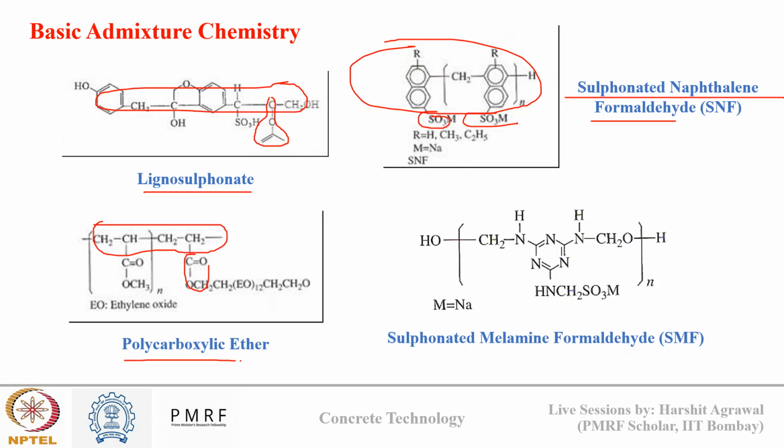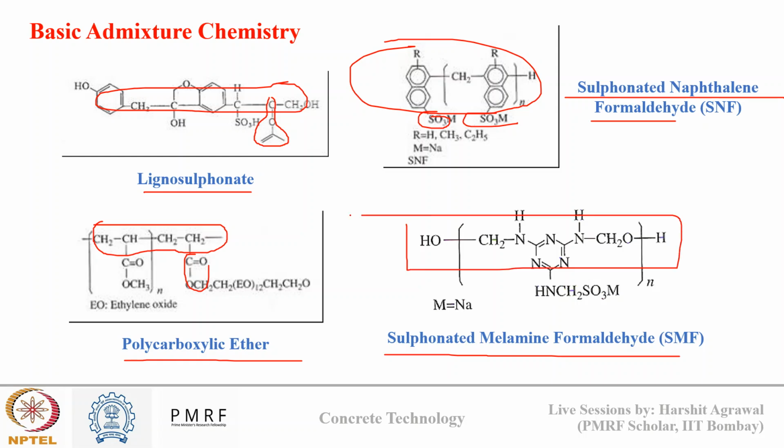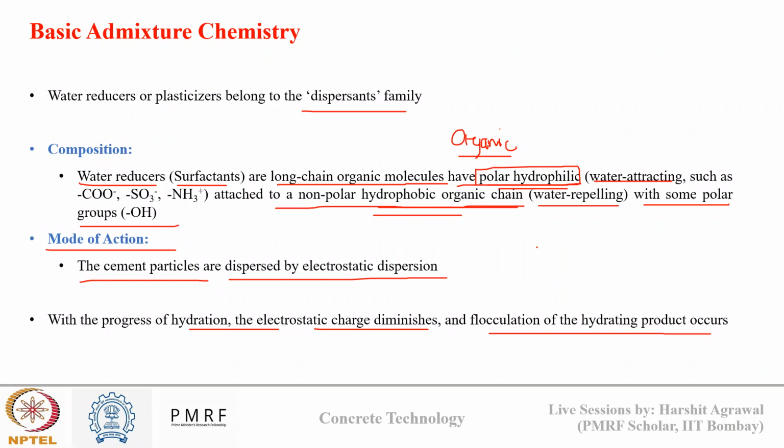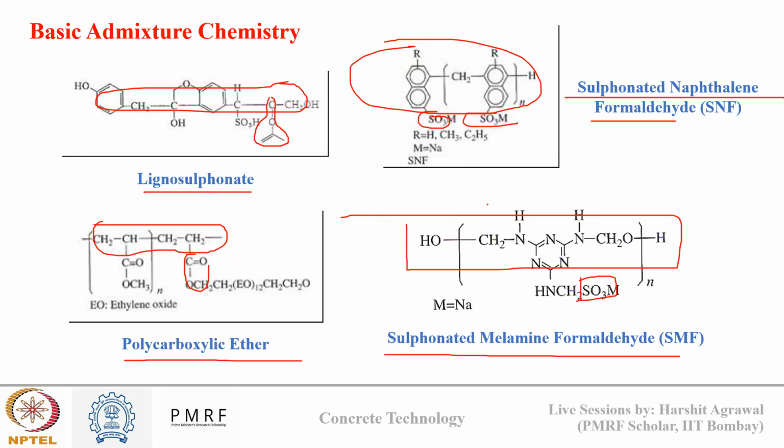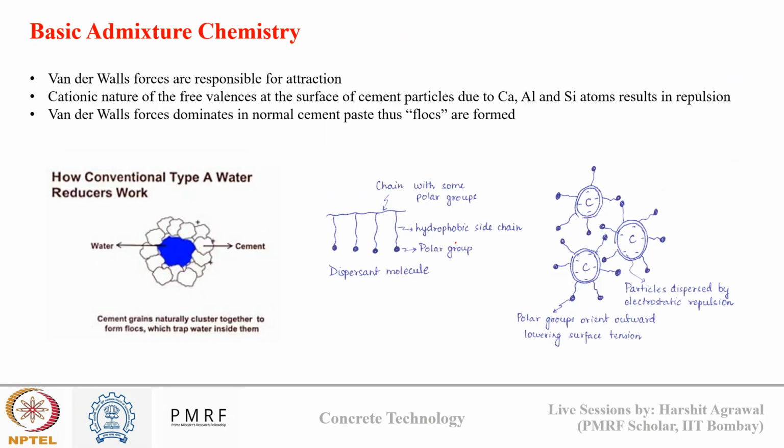This is polycarboxylic ether. And here you have sulfonated melamine formaldehyde, whose structure looks like this. Again you can see this is the hydrophilic part. We saw hydrophilic parts are water attracting, such as CO minus, SO3 minus, NH3 plus. These are all hydrophilic, and the hydrophobic part is the organic chain, this chain of hydrocarbon.